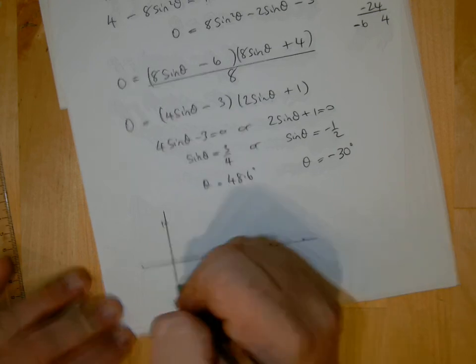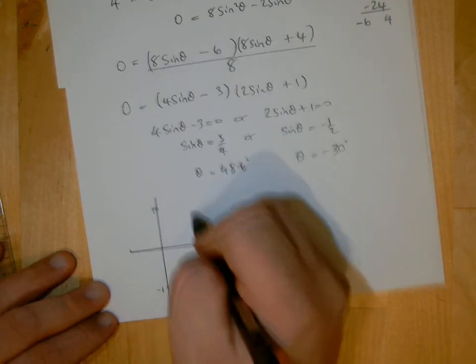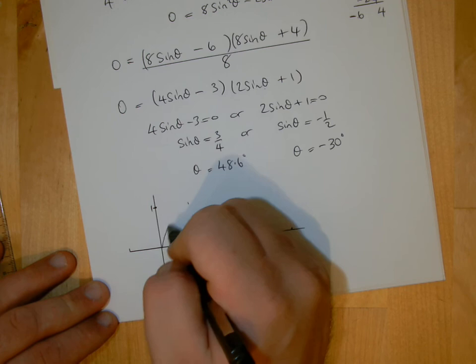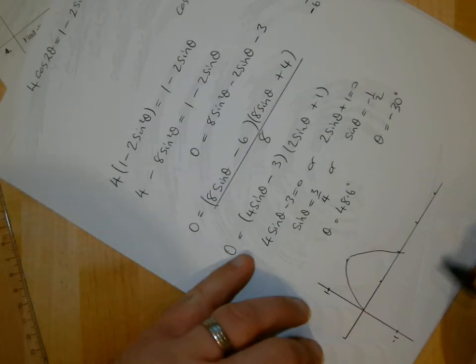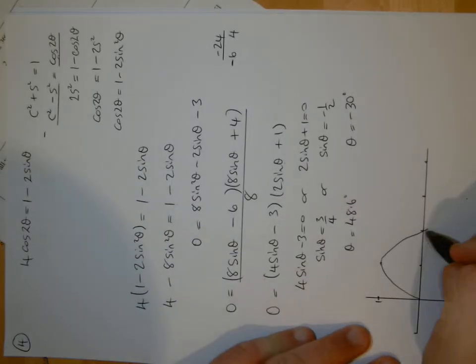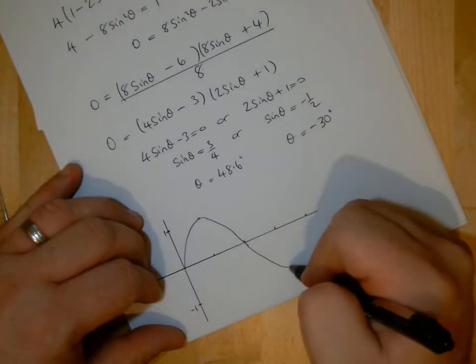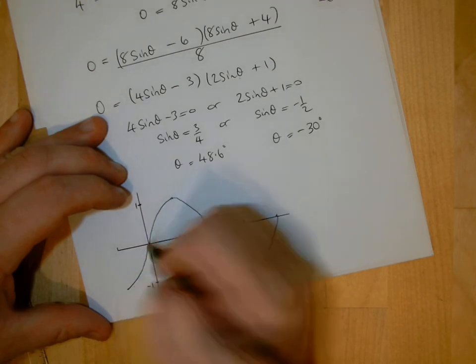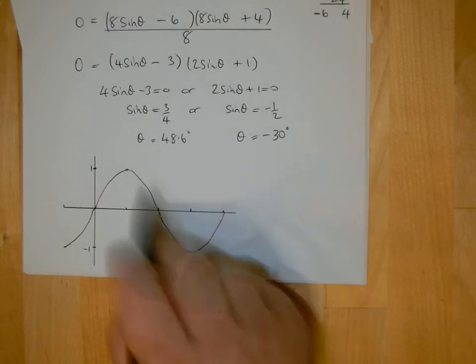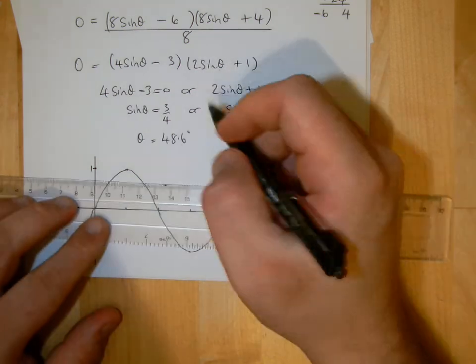So with the sine graph then, what have we got? For 48.6, that'll be for 3/4.